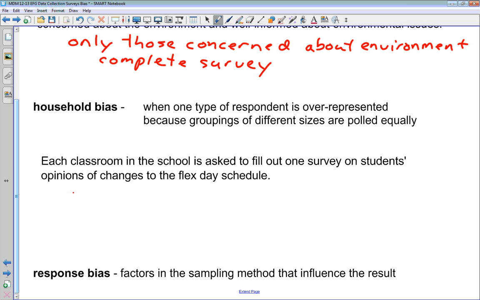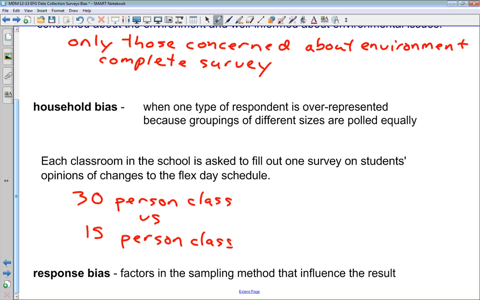Yeah, so if you've got a 30-person class versus a 15-person class, it's like everybody in that 15-person class, their opinion counts twice as much as everybody in the 30-person class. And you don't want that. Okay. We'll just say opinion counts 2 times with a question mark. Okay.